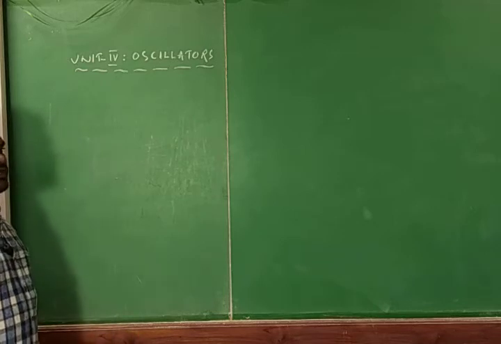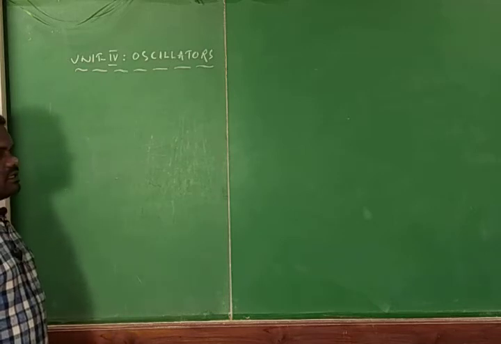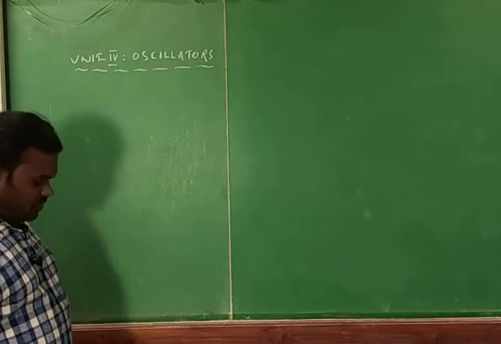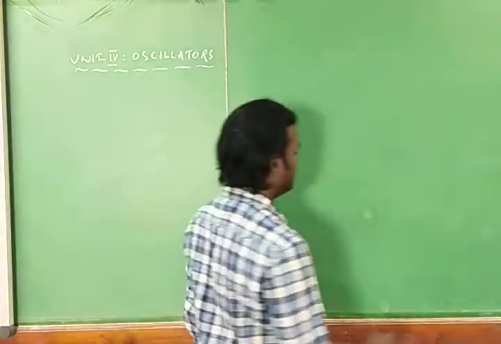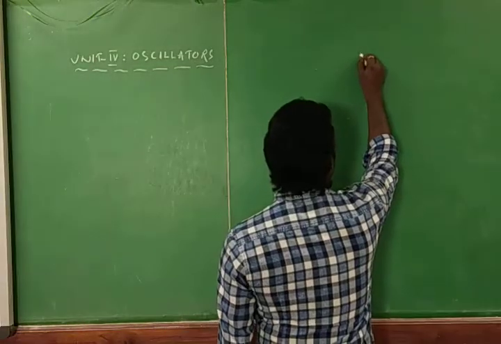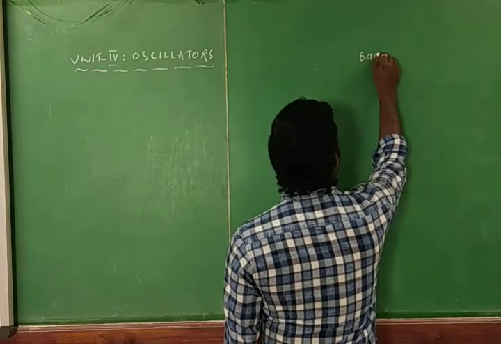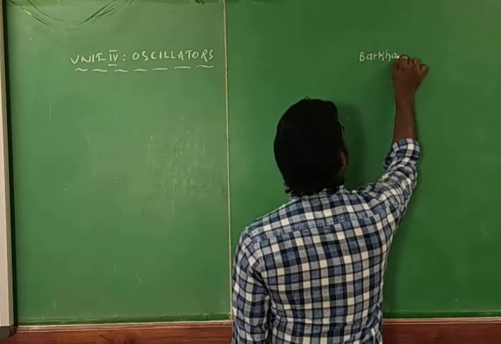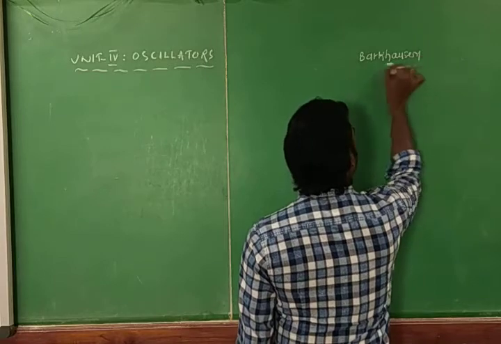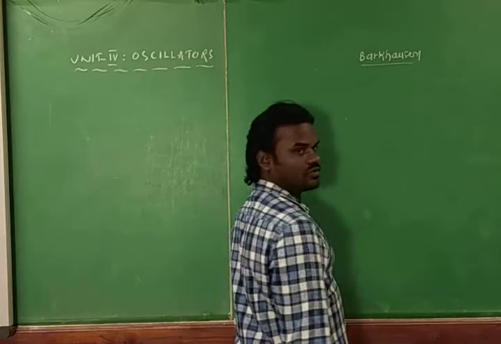In the last class we have discussed the conditions to provide the sustained oscillations, that is also called as Barkhausen criteria, which is the first topic in the fourth unit.